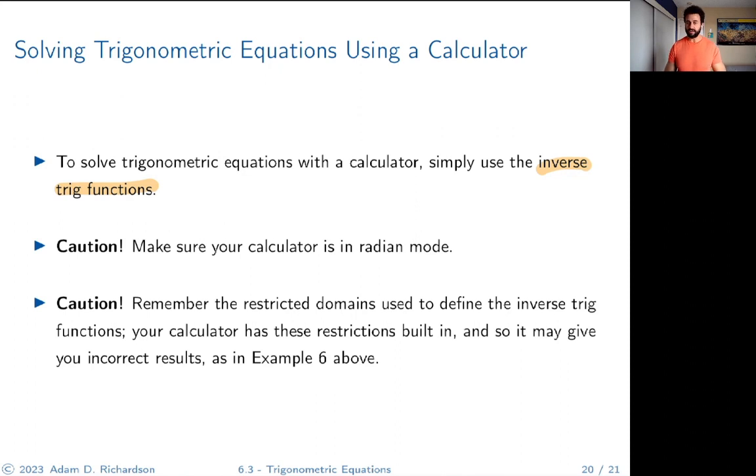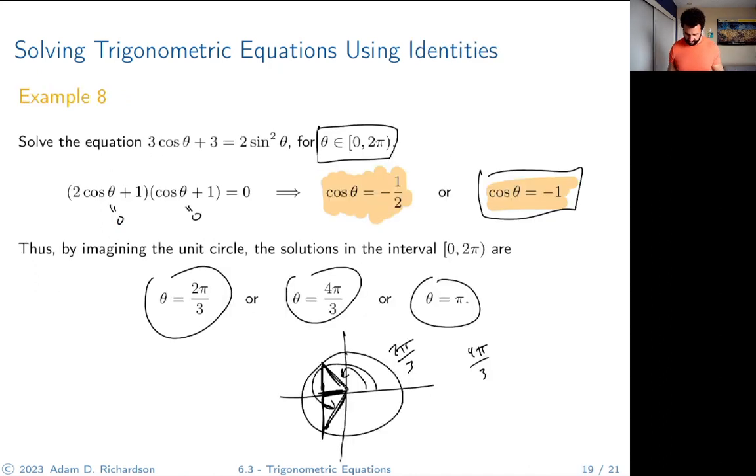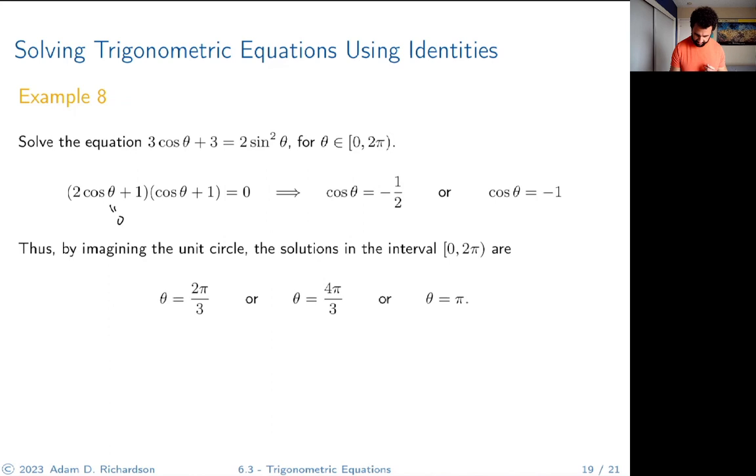So if you need to solve an equation like these ones using your calculator, you're just going to take the inverse trig function. So for example, if we got to this point, let me erase some stuff. If we got to this point, and let's say we didn't know what theta was going to be.